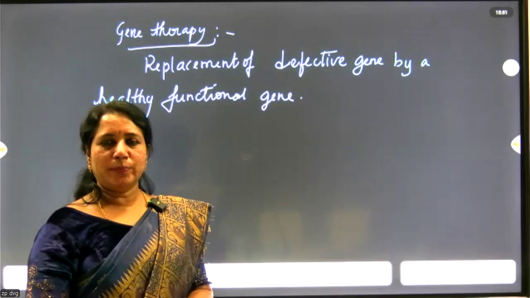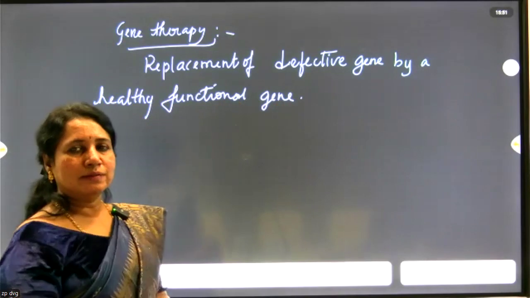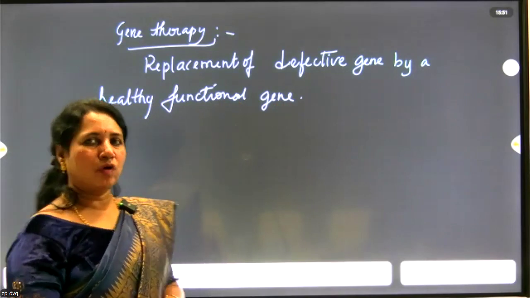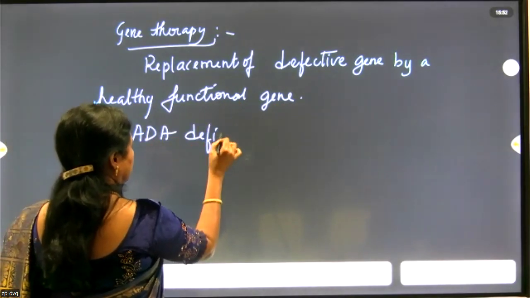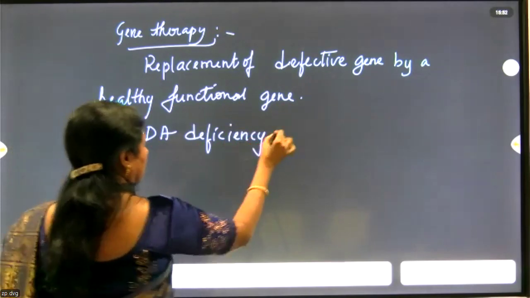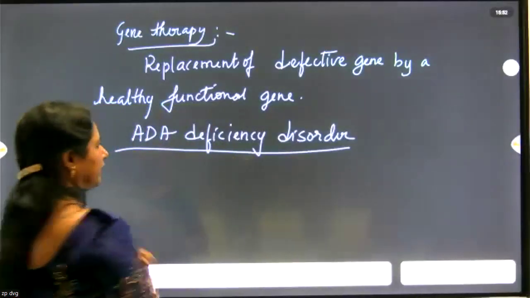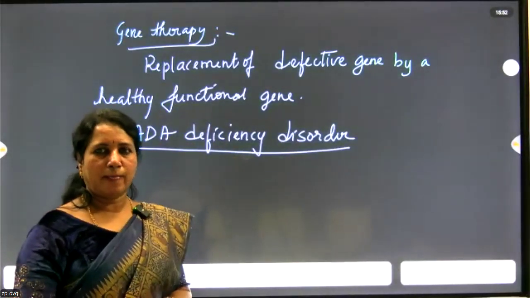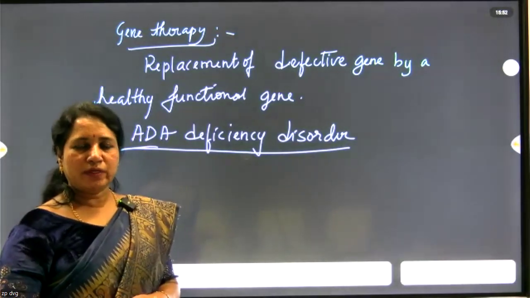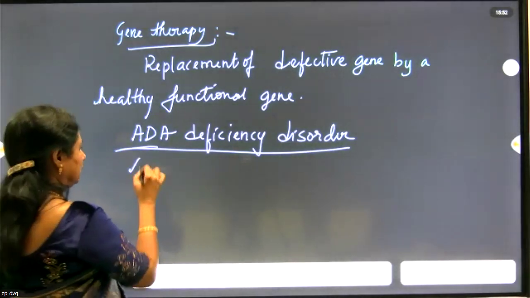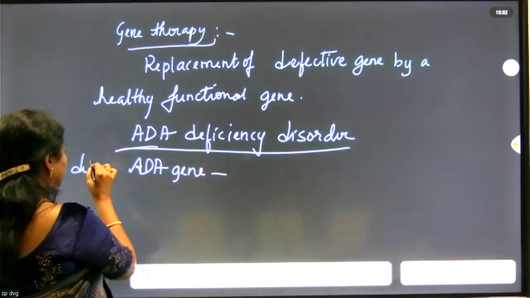Gene therapy was first used in a 2-year-old girl child who was suffering from ADA deficiency disease, or ADA deficiency disorder. This patient is born with the defective ADA gene.